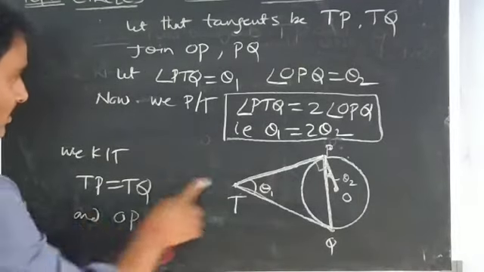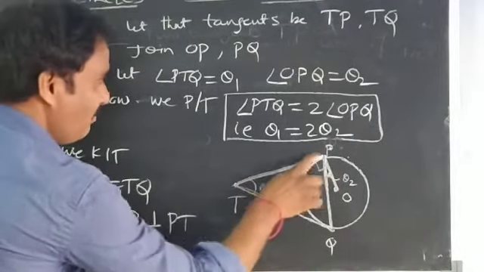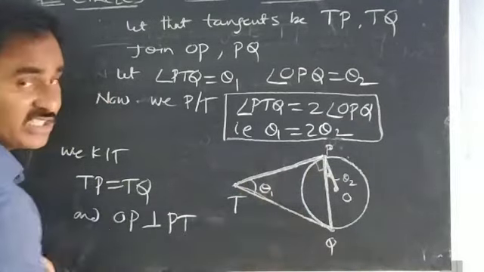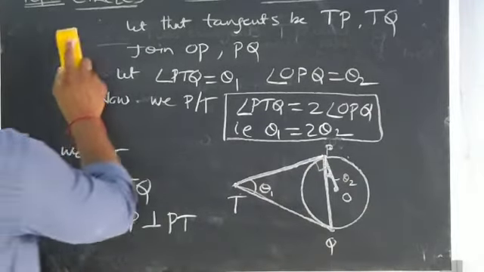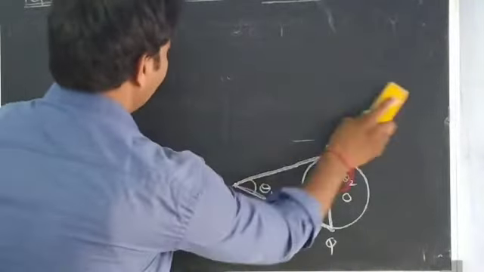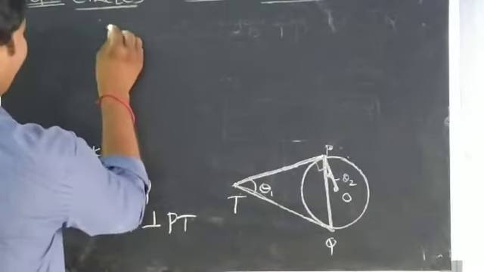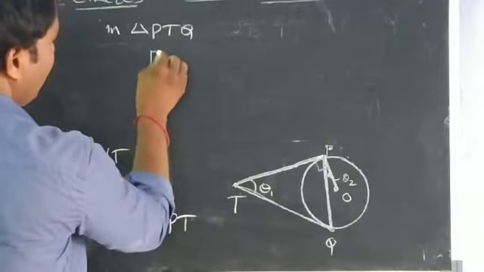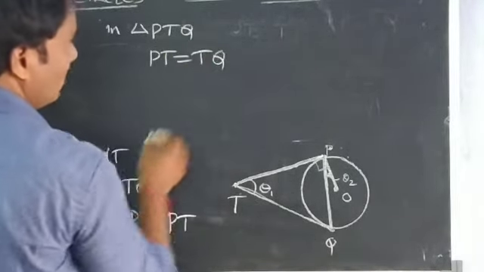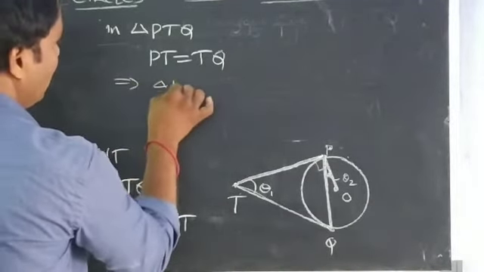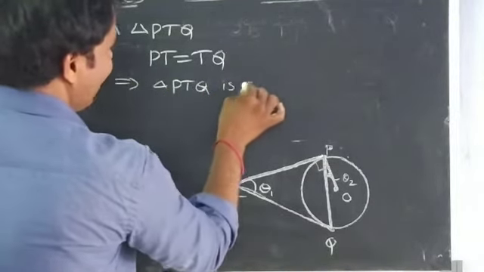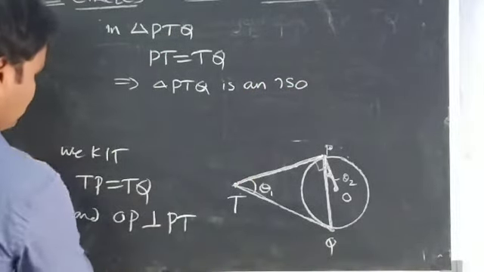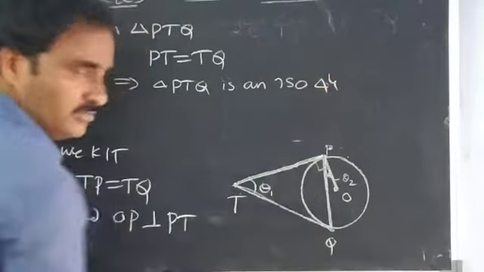Now consider this triangle PTQ. TP and TQ are equal. This side is equal, that means this is an isosceles triangle. In triangle PTQ, PT equal to TQ, so triangle PTQ is an isosceles triangle.